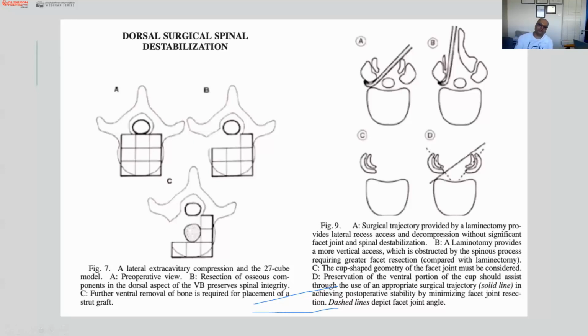Now going on to the other picture here, we see that if you remove one single facet, or if you remove more than 30% of two facets, you can render a spine unstable.